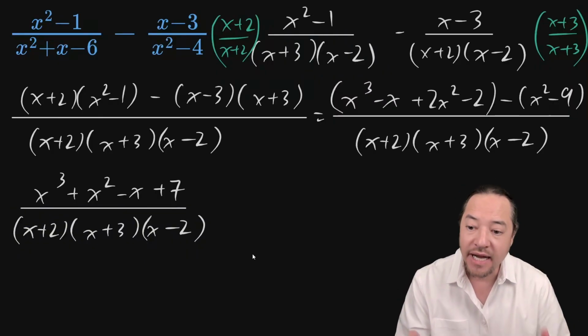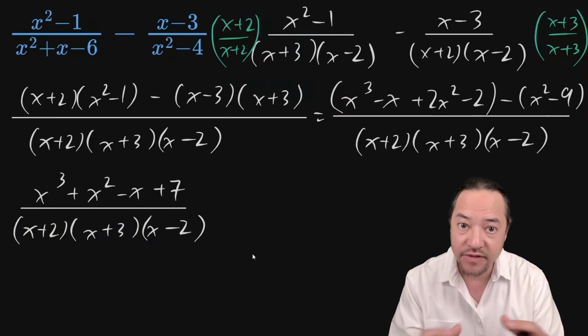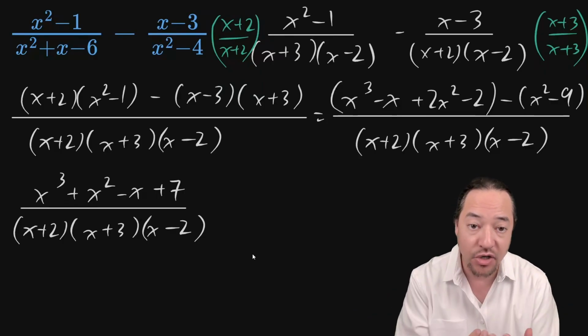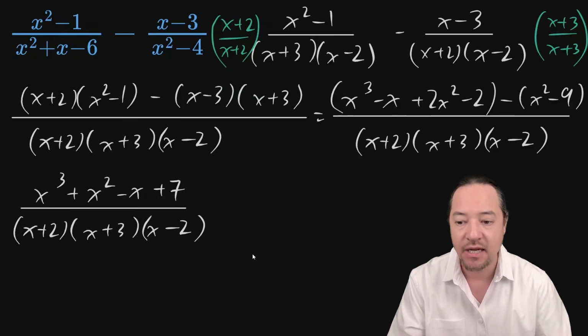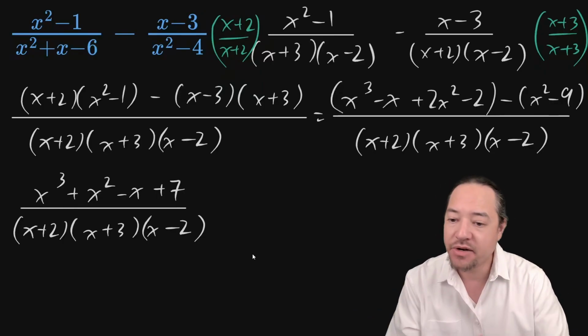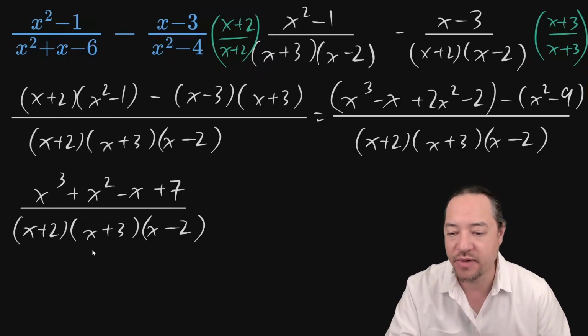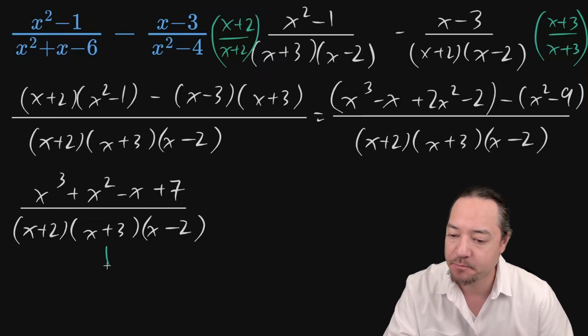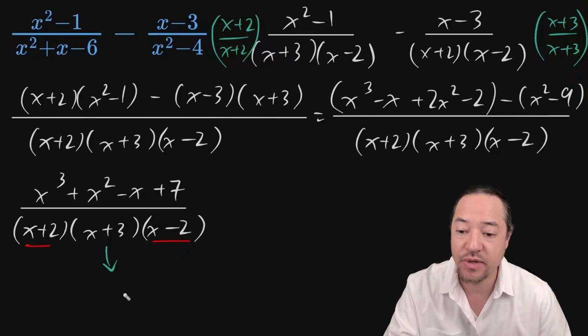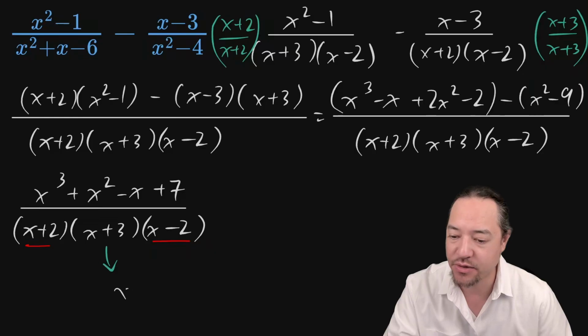Now, if I want to, I could combine all of these terms together in the denominator. I could multiply everything together and see what I get. Maybe it's not necessary, depends how you want to have this displayed as your final answer, but let's go ahead and do that. This x plus 2 and x minus 2, I know what that's going to give me. That's going to give me an x squared minus 4.